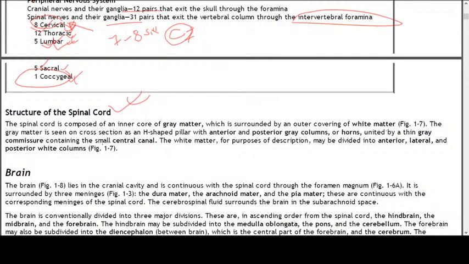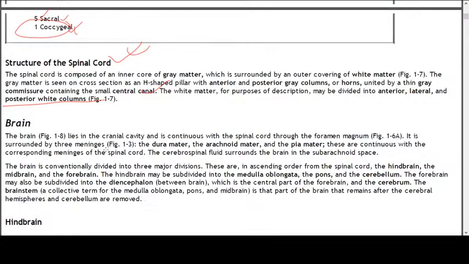The gray matter is seen in cross section as an H-shaped pillar with anterior and posterior gray columns or horns, united by a thin gray commissure containing the small central canal. The white matter, for purposes of description, may be divided into anterior, lateral, and posterior white columns.